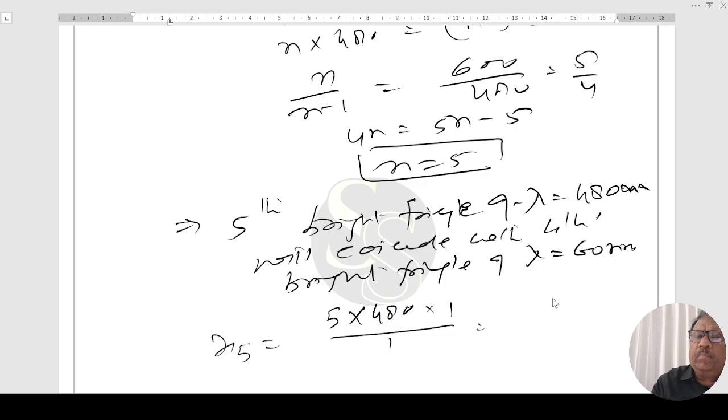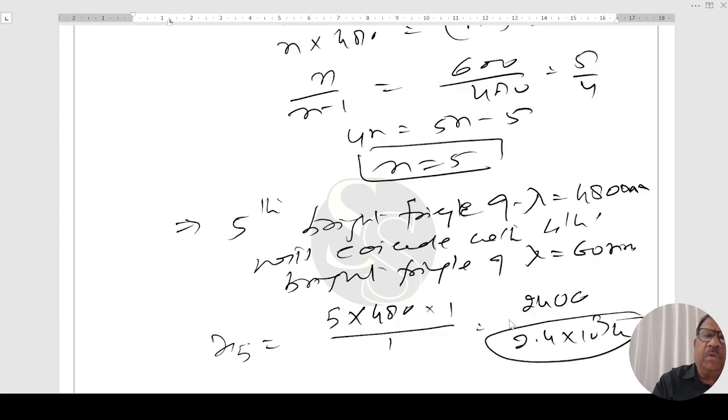That comes out to be 2.4 into 10 to the power 3 meters. Whether you find the distance from this or from the other, you get 4 into 600, that is 2.4 into 10 to the power 3 meters. That is the answer, right?